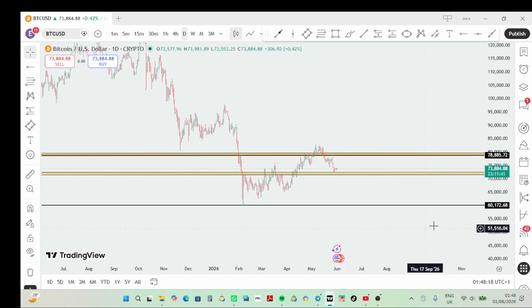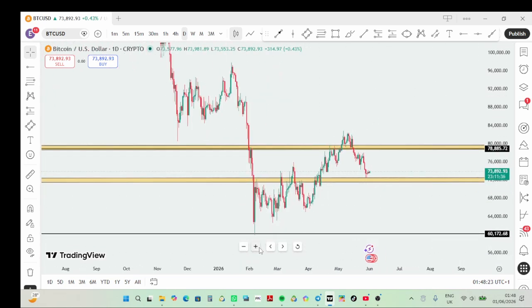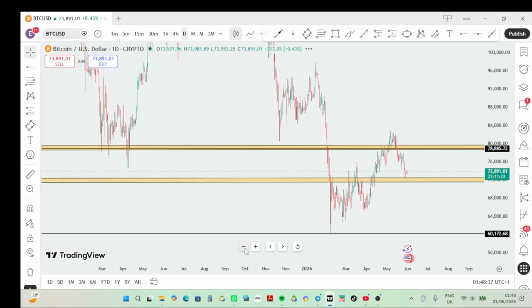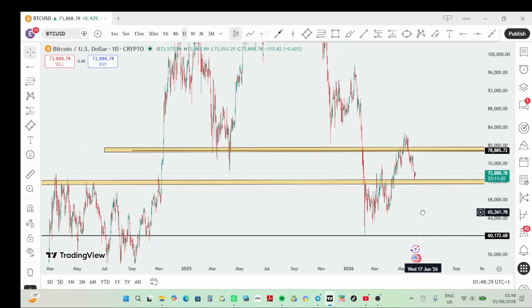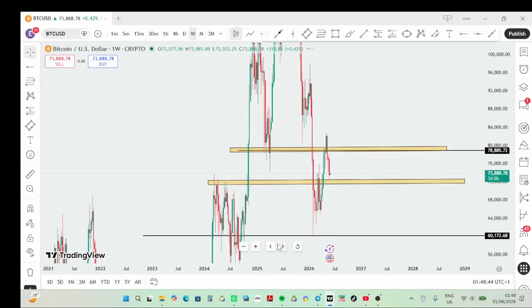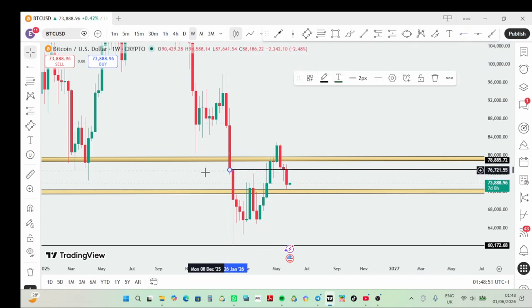So I'm expecting this market, I'm seeing the market to move to this level here to retrace before it starts its journey to the downside. So BTC USD, I'll be a bit bullish this week on BTC, up to this level.